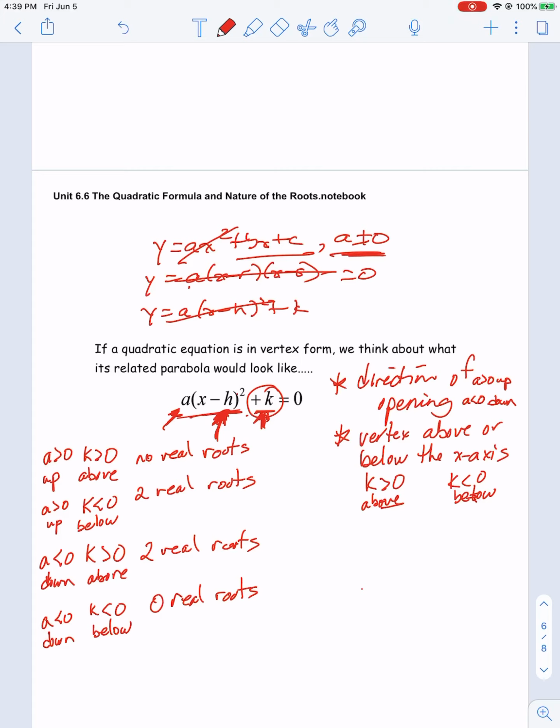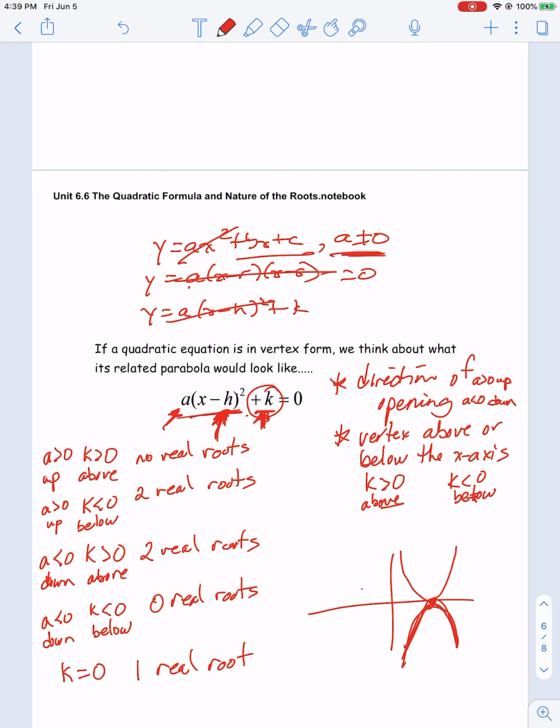How many roots are there? K equals 0, the vertex is sitting on the x-axis. It might be opening up and it might be opening down. I don't know. Who cares? How many solutions are there? That's right, there's 1 real root.